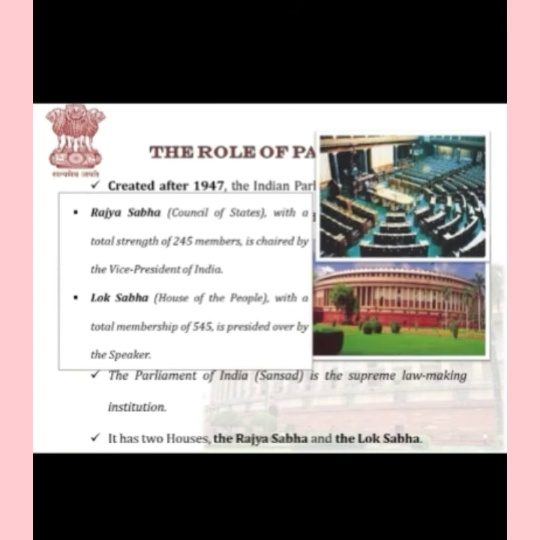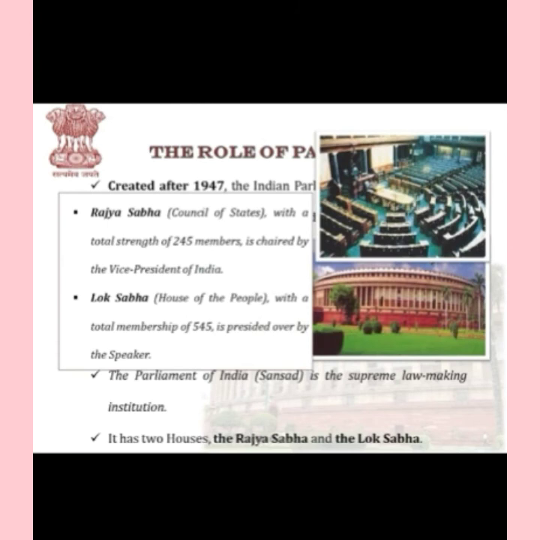Okay, the Lok Sabha is the House of the People with the total membership of 545. It is presided by the Speaker. You know that the Speaker does not belong to any political party. He will not support any political party in person.